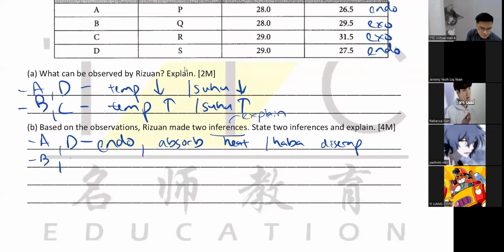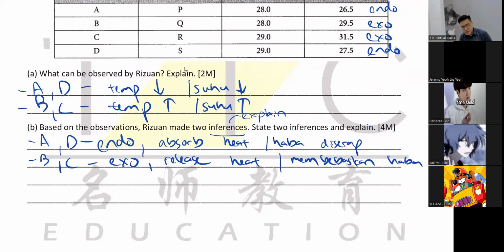For B and C, this is exo, because the temperature increases, the surroundings become hot, so this thing will release heat, membebaskan haba. 4 marks, easy. Haba dibebaskan, whatever, same thing. 4 marks there.